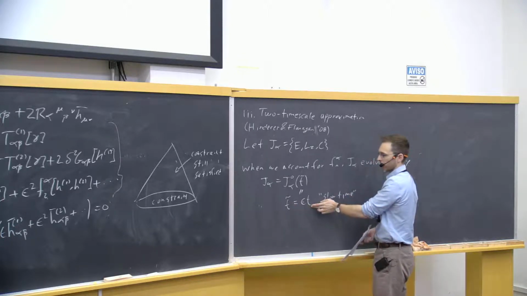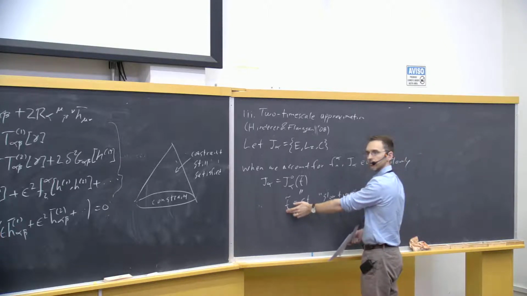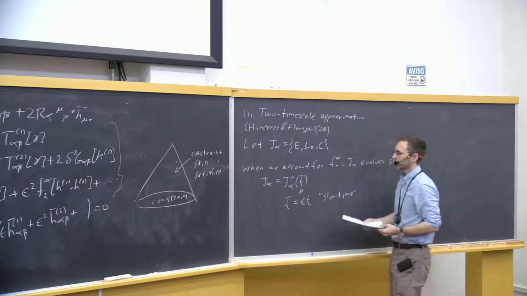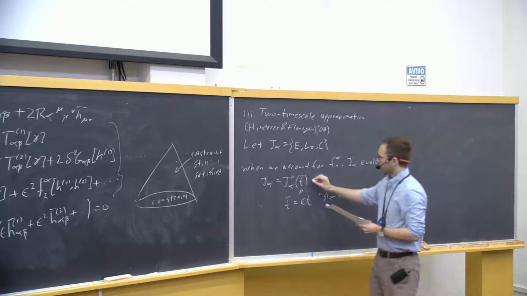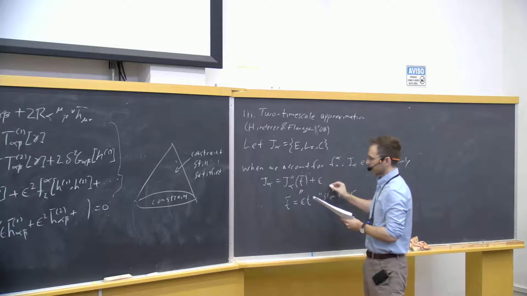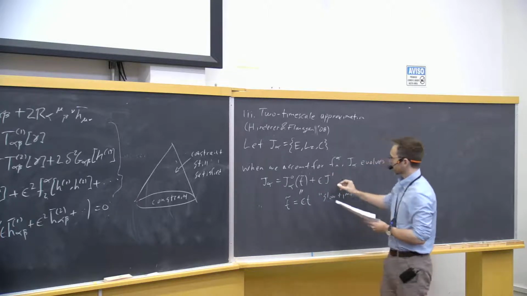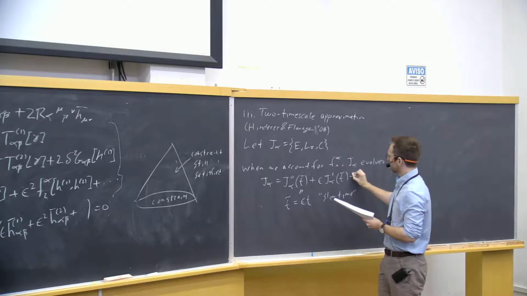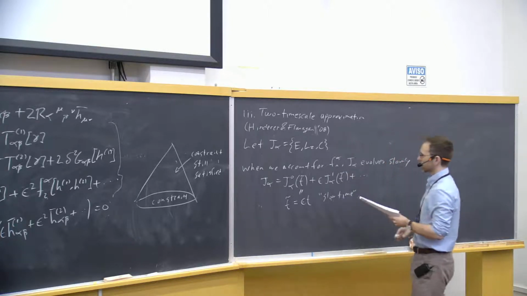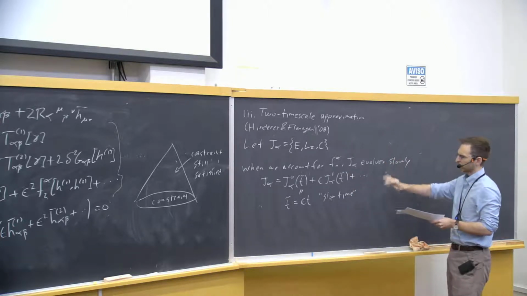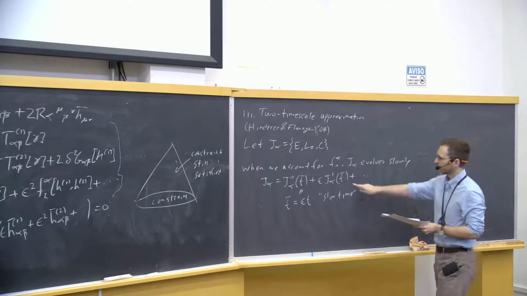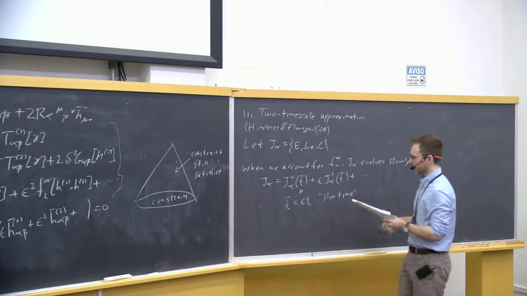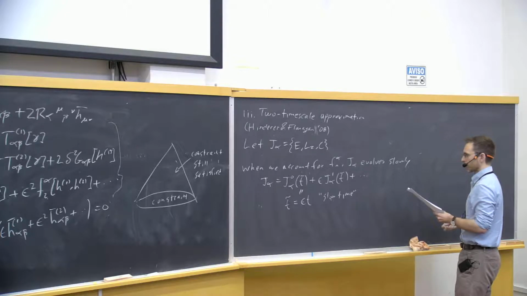T has to change by a lot for T tilde to change by any significant amount. And then we'll have corrections to this. First order piece, and so forth to higher order. I'm brushing over a lot of details in how you get something that depends only on slow time, but I don't want to get too technical here.